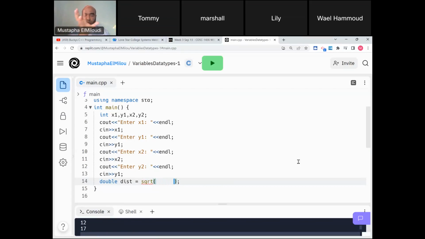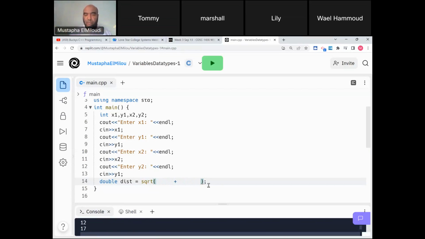So I know there is a power plus another power. Because if you look at the formula, it's the square root of x2 minus x1 squared plus y2 minus y1 squared. The entire power is inside. Everything is inside the square root.